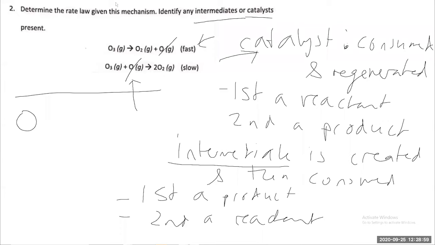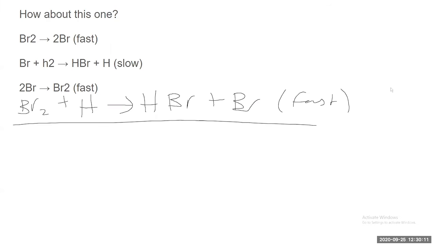So oxygen is an intermediate. We can cross out Br2 and Br2. We can cross out 2Br and 2Br.